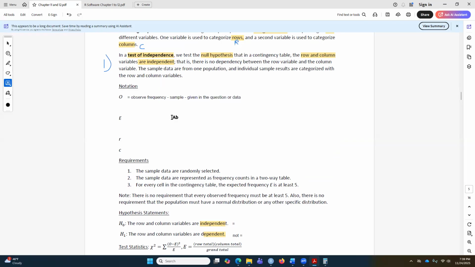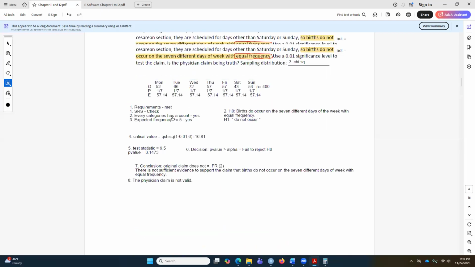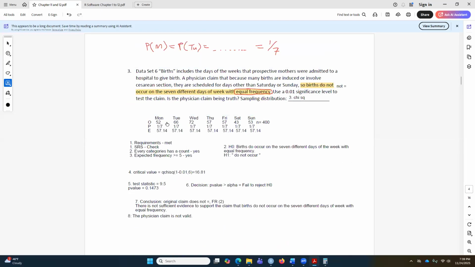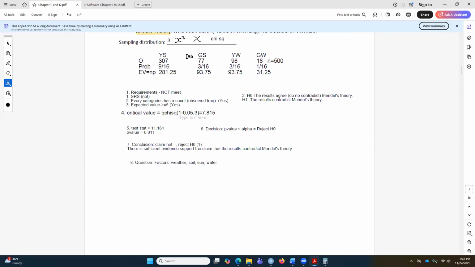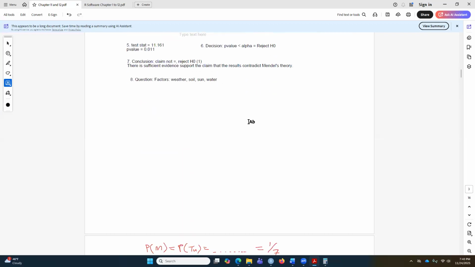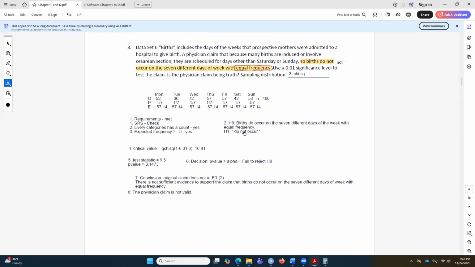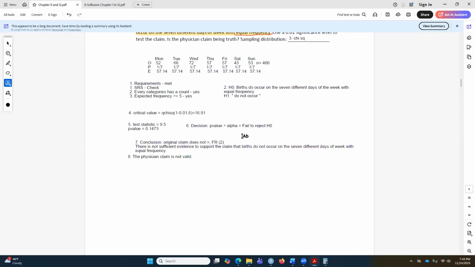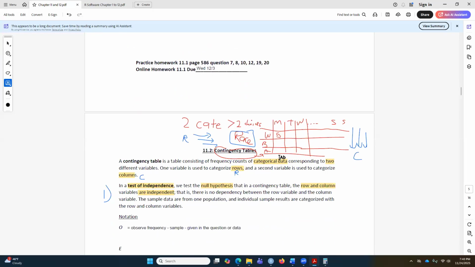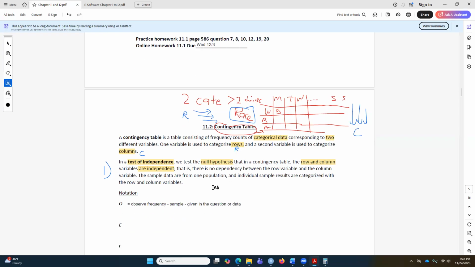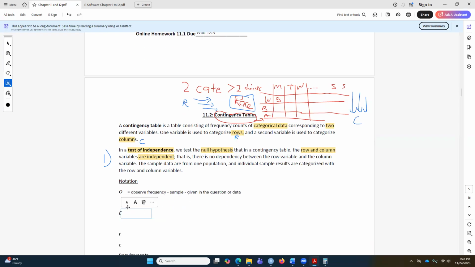Like the ones we just mentioned, 52, 66, 72 for the moms, and the 30, 77 for the others, these are observed frequencies. They are results from an experiment or data collected from an interview. Like this 5 means I collected data that 5 white moms gave birth on Monday, and so on. So these numbers are what we call observed frequency.